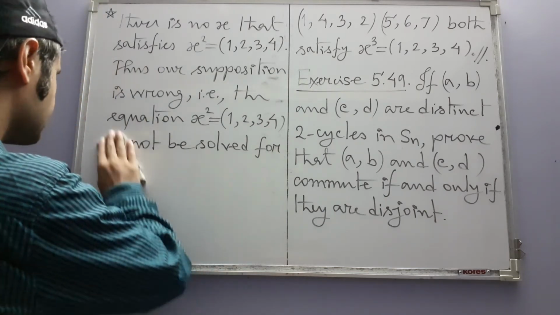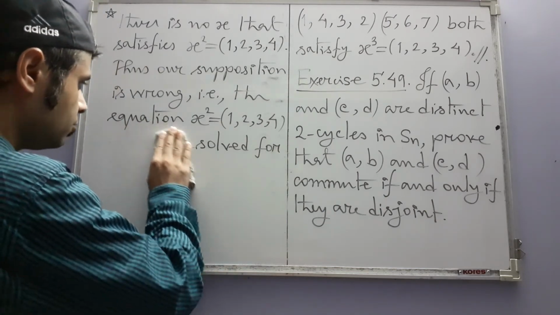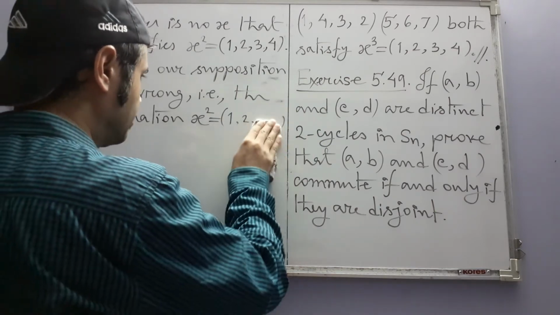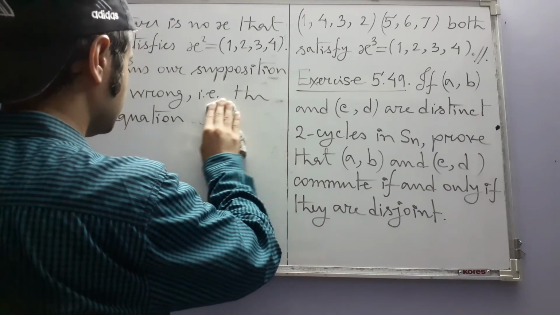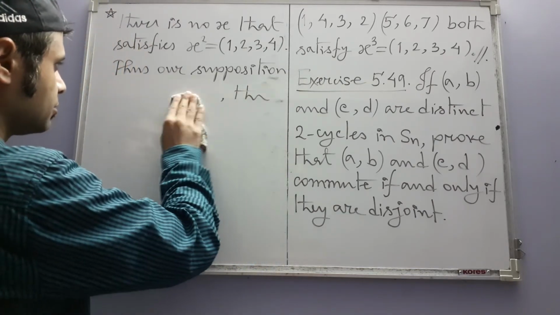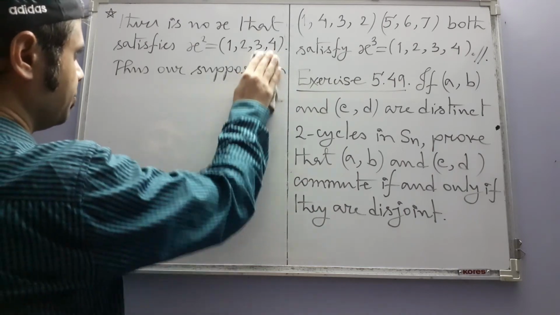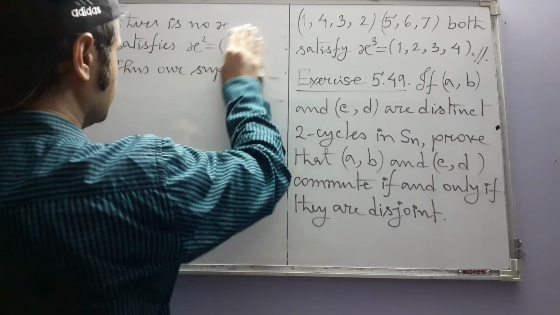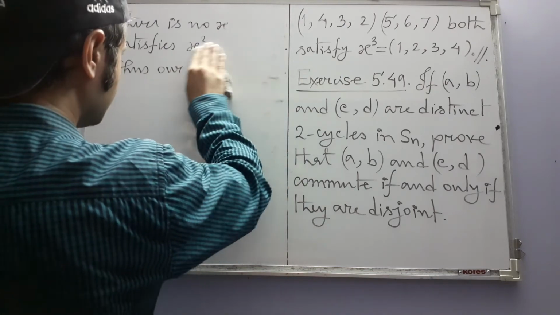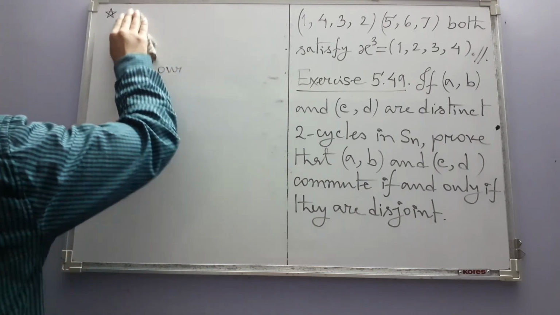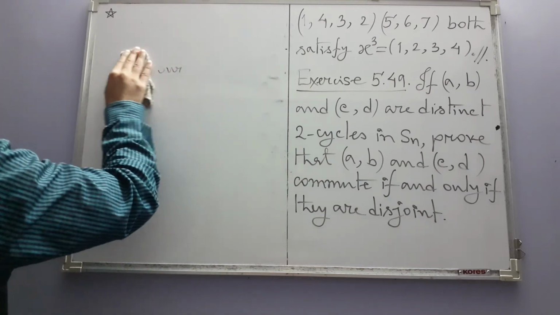In general, we can say this: when two, not just cycles, when two permutations act on different symbols, that is, they do not act on the same symbol, then whether you perform one of them first and then the next, it does not actually matter.